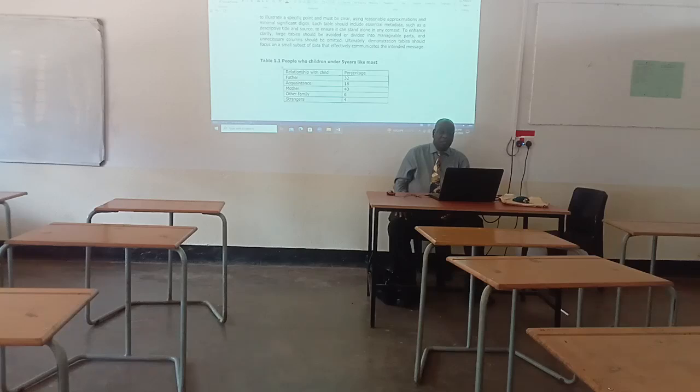And in this table, we can quickly notice that children like who most? They like mothers because the percentage of mothers there is very high, 40%. This is followed by fathers, 32%.